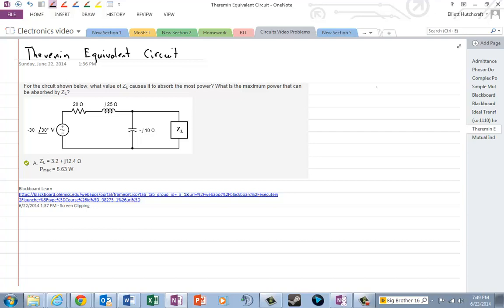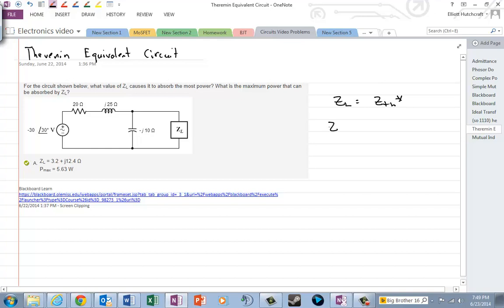equal to the Thevenin resistance, and it's quite similar here as we discussed in lecture. For us, if we're having a circuit with impedances, ZL needs to be Z Thevenin conjugate. And remember, the reason this is happening is because Z Thevenin can be written as R Thevenin plus jX Thevenin.